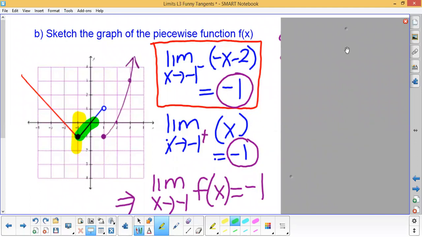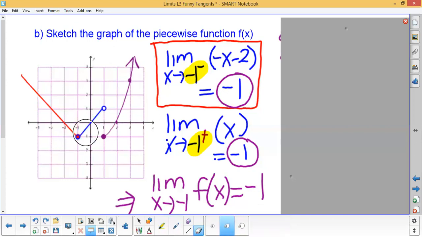So because as I'm approaching from the left and as I'm approaching from the right, the intended height of the function is both negative 1, that means the limit of the function as x approaches negative 1 does in fact exist and is equal to negative 1. So this is proper notation.